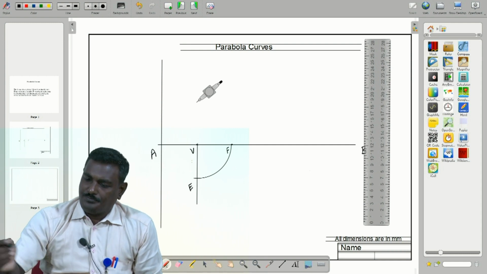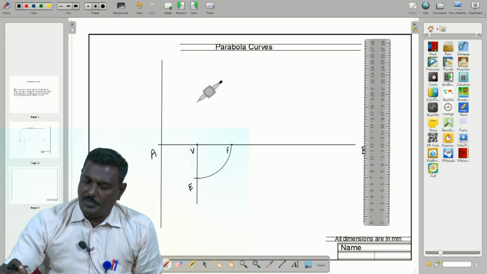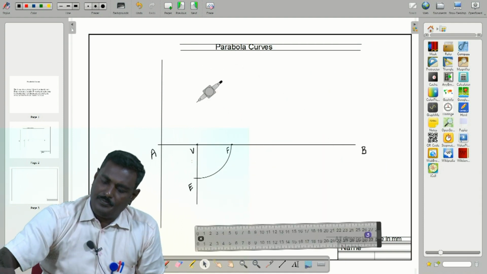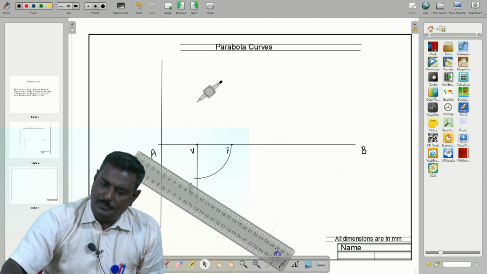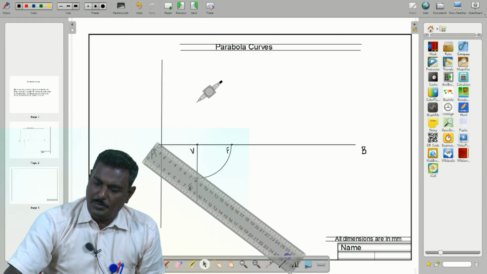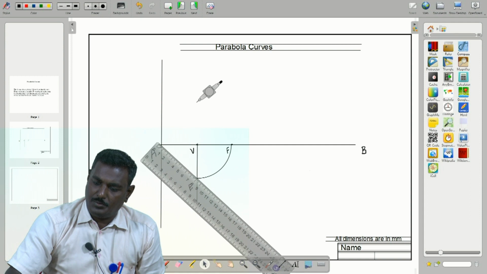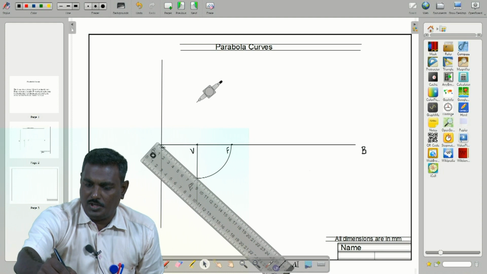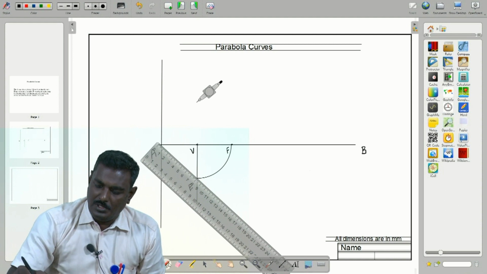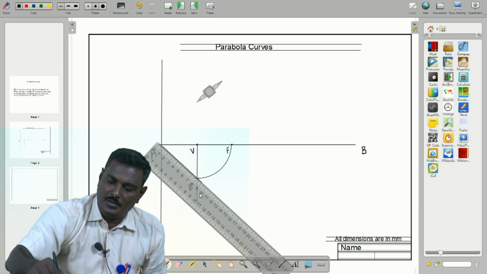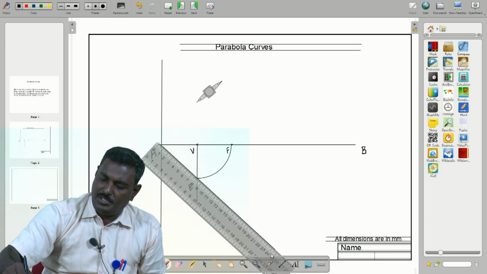Now take a scale, a separate scale. Put one end at point A, keep it there, and intersect at point E. So draw a line and extend it.